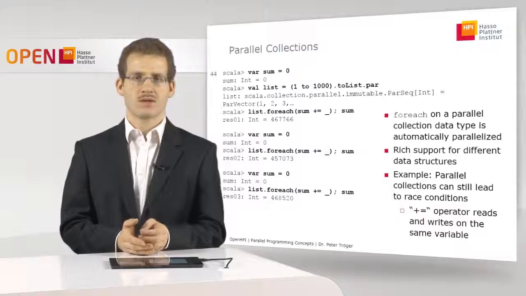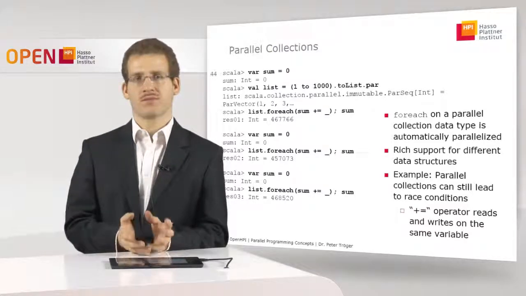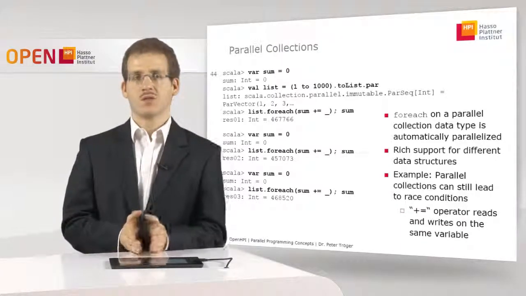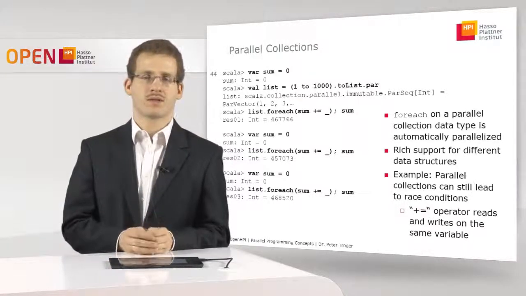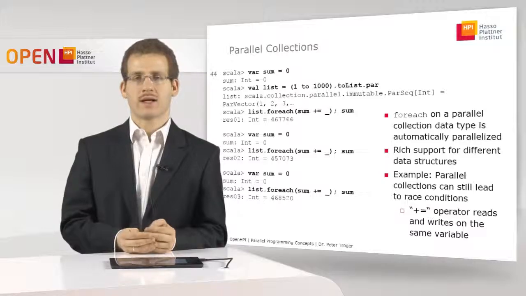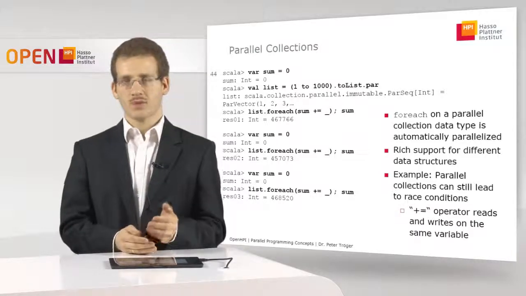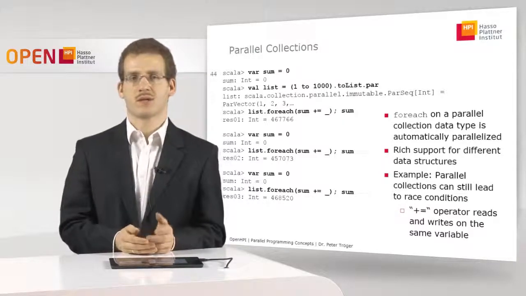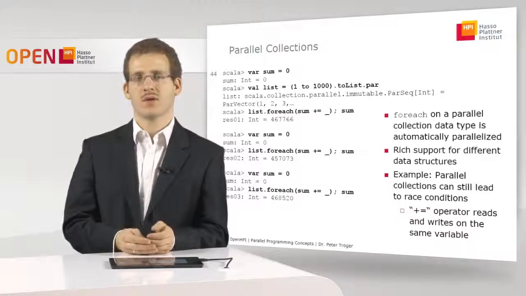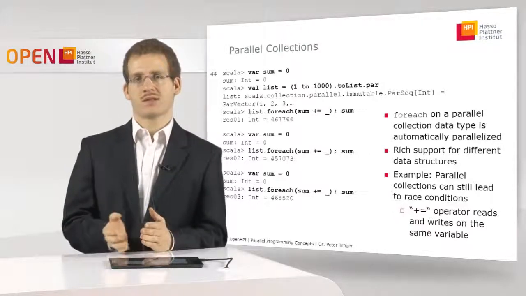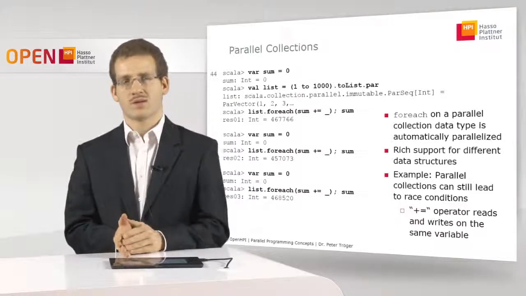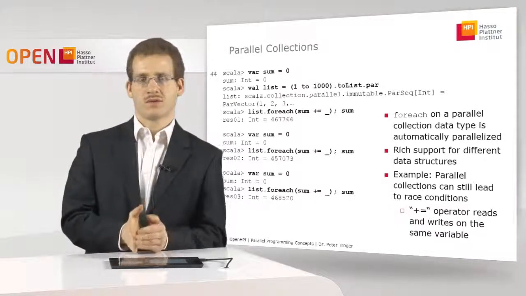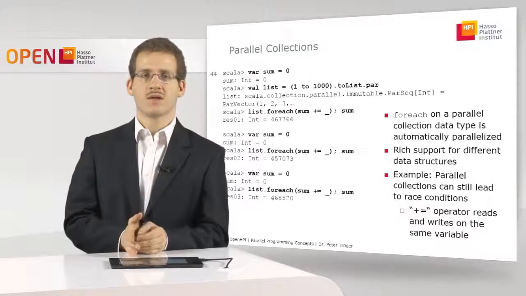Scala also has iterator support, so you can use something like a for each statement to go through a collection of data items and apply some kind of activity on each of the items. Again, here the Scala compiler and the runtime system has a chance to automatically parallelize your work. So it depends on the kind of data structure you use in here, whether the runtime will try to run your different iterations in parallel or not.